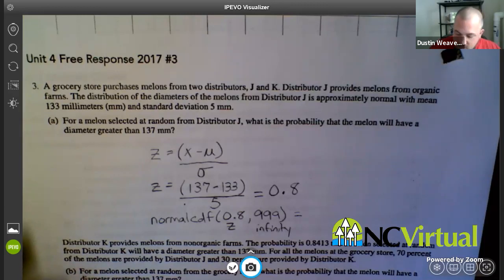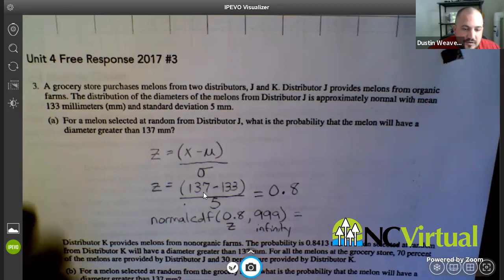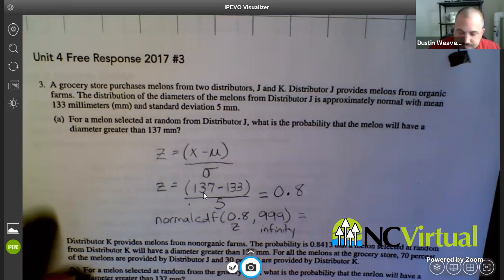I'm trying to pull up my calculator now on the computer. Let me share it with you.